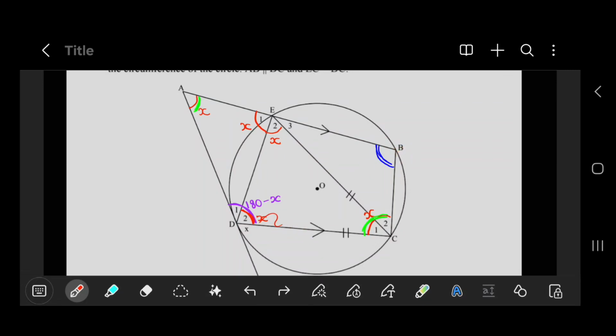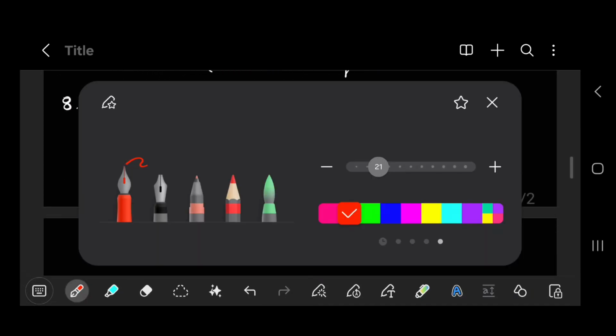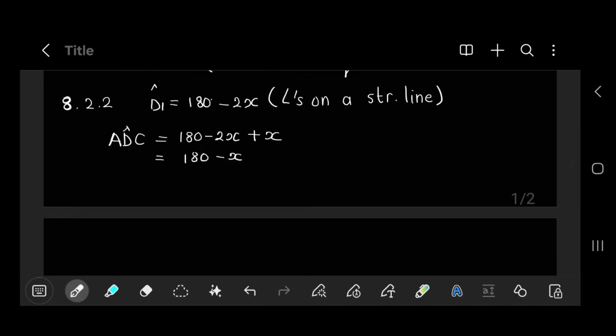Seeing that we have D2, we can say 180 minus x to get angle B. So angle B is actually 180 minus x. Let's write that down. And we got that from opposite angles of a cyclic quad.